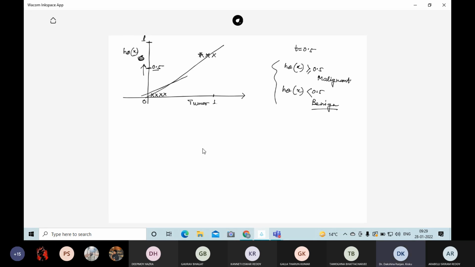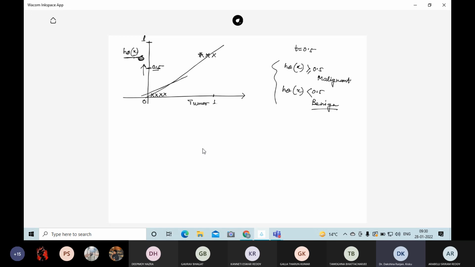Now, as we have plotted these 7 training examples, we need to predict which training examples will have the malignant feature and which will have the benign feature. As I represent the x-axis with tumor, the y-axis is the predicted value.